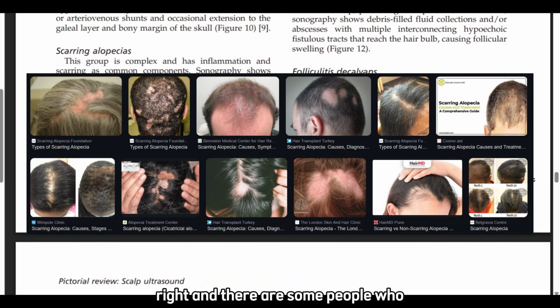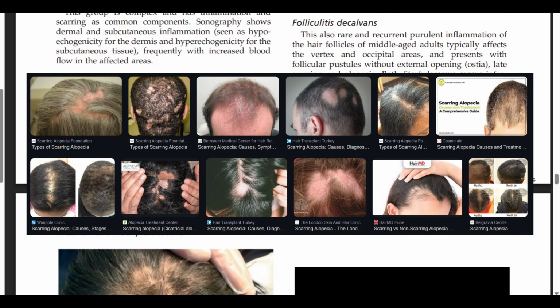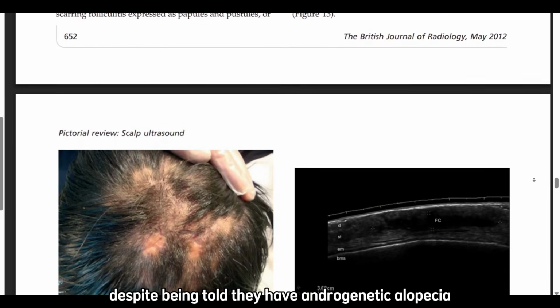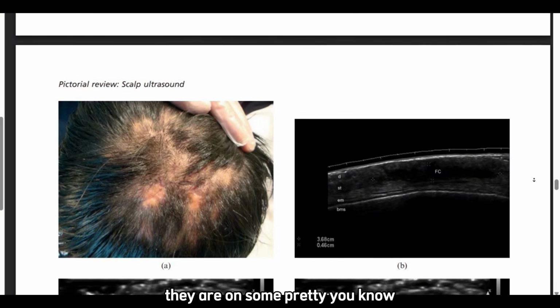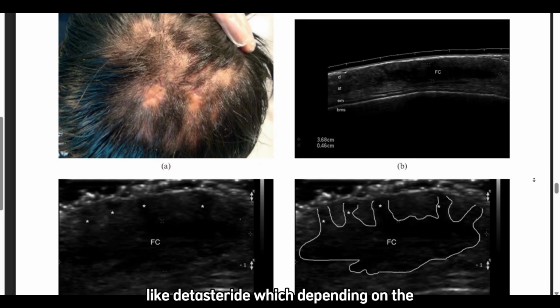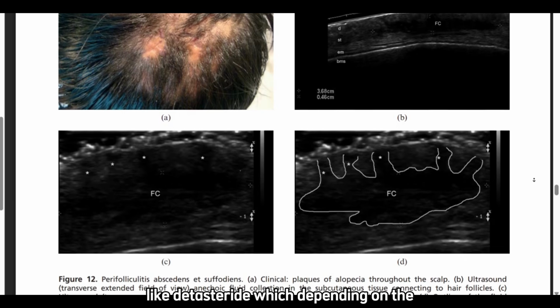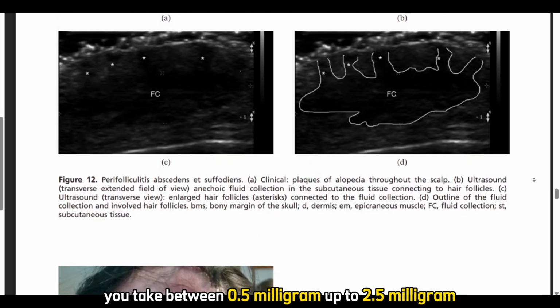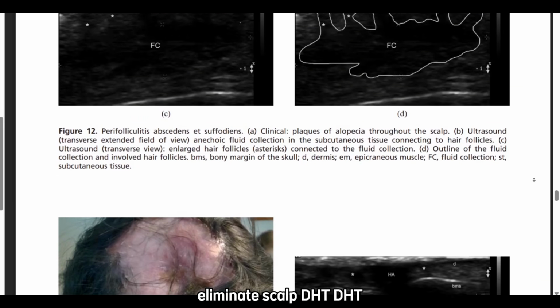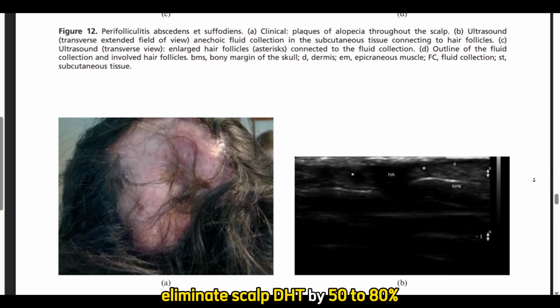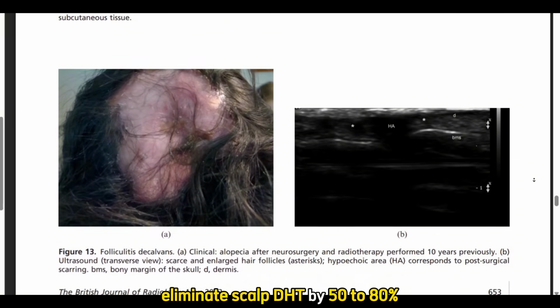And there are some people who, despite being told they have androgenetic alopecia, are on some pretty serious drugs, 5-alpha reductase inhibitors like dutasteride, which, depending on the dose you take, between 0.5 milligram up to 2.5 milligram, eliminates scalp DHT, DHT being the cause of this sort of hair loss condition, by 50 to 80%.